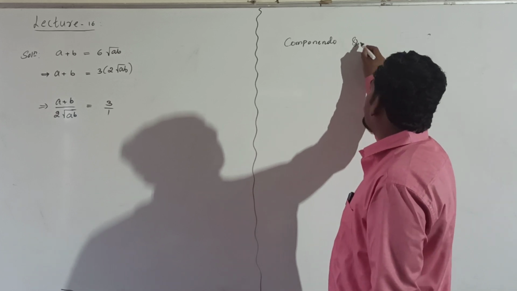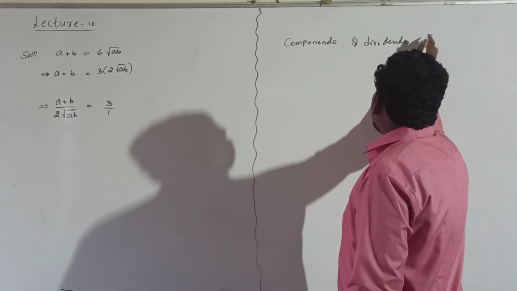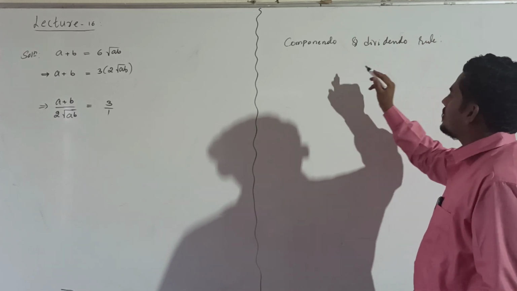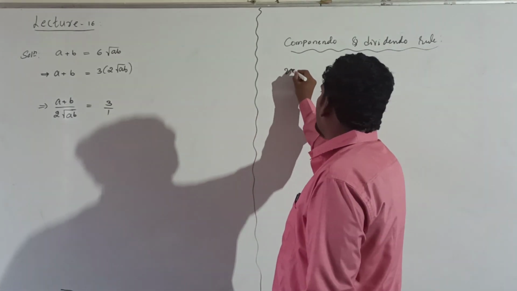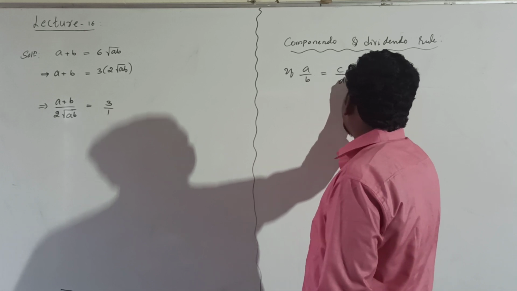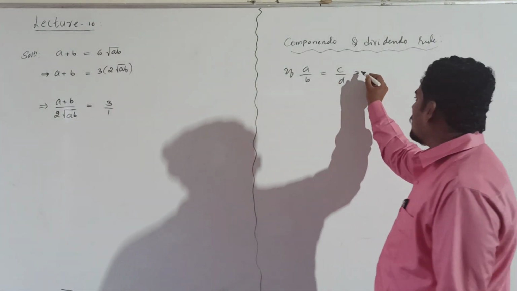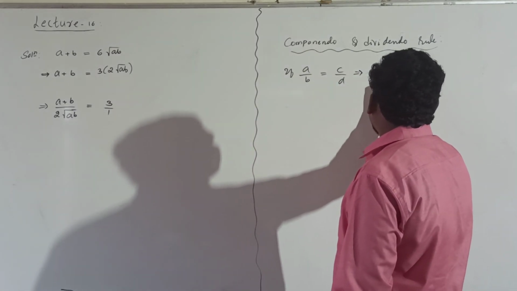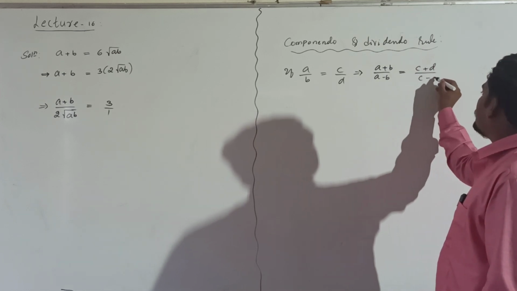Componendo and dividendo rule. If a divided by b is equal to c divided by d, then applying componendo and dividendo, it gives a plus b divided by a minus b is equal to c plus d divided by c minus d.